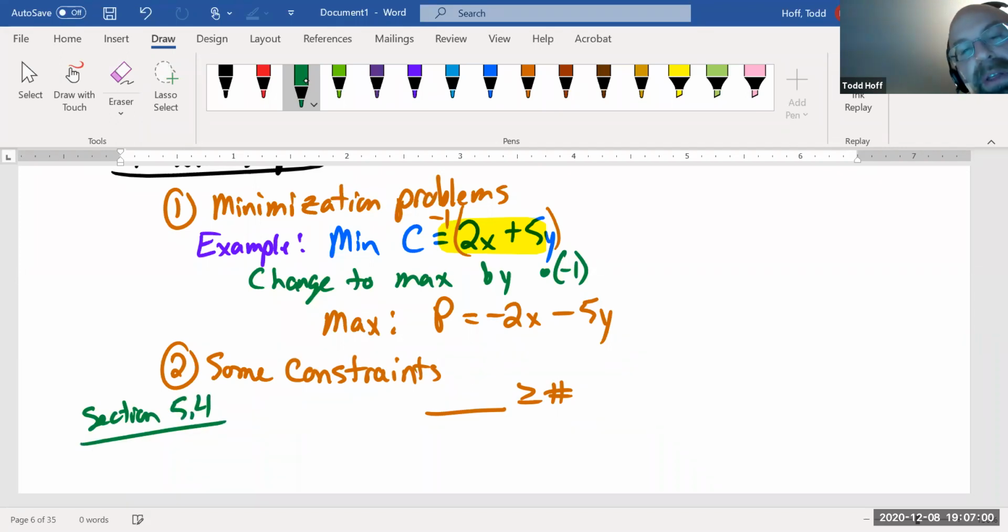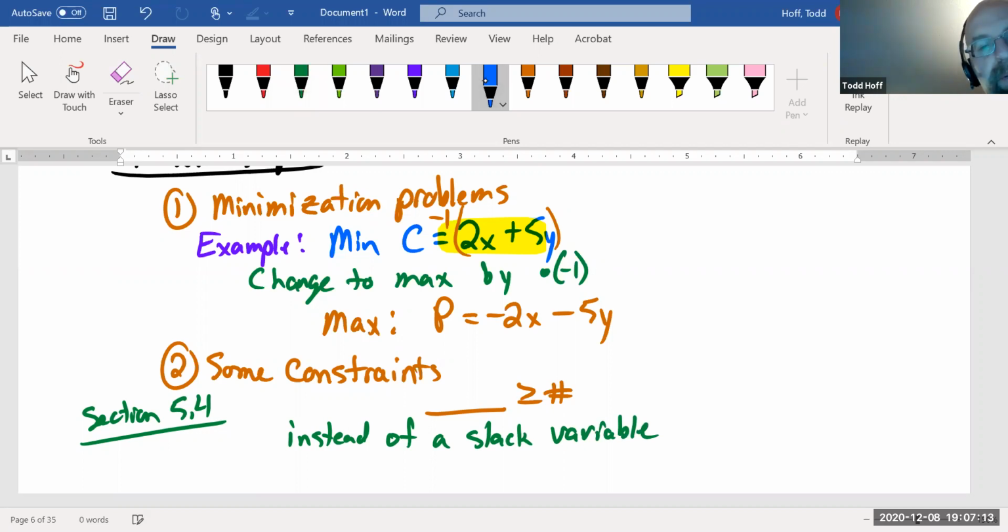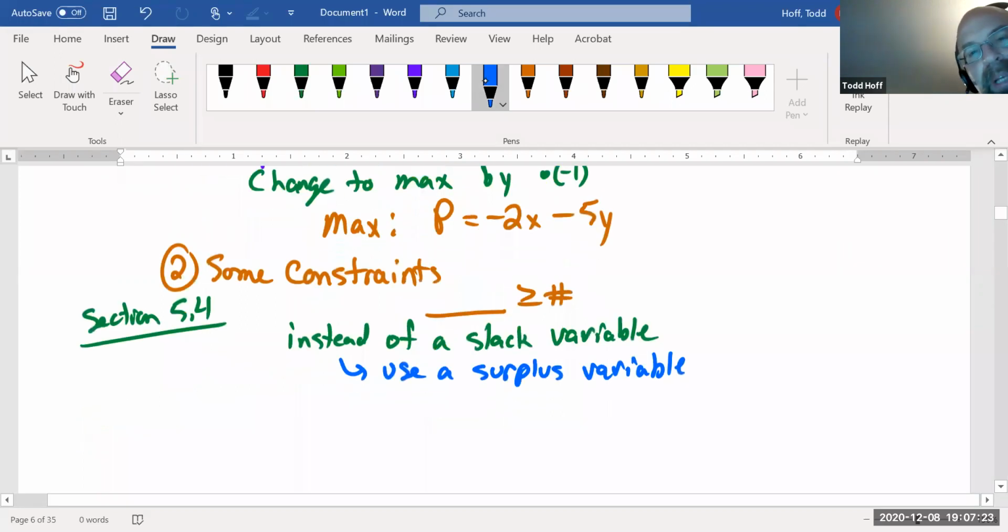And what it is, rather than using a slack variable, they use a surplus variable. Now, unfortunately, this brings in some other issues that have to be fixed.